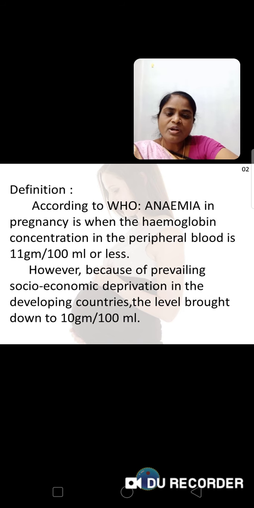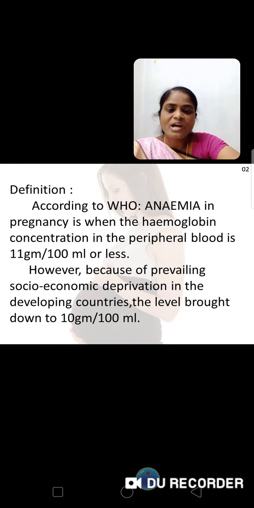Definition. According to WHO, anemia in pregnancy is when the hemoglobin concentration in the peripheral blood is 11 gram per 100 ml or less. However, because of prevailing socio-economic deprivations in developing countries, the level is brought down to 10 gram per 100 ml. WHO considers more than 12 grams per 100 ml of hemoglobin concentration as normal, and less than 11 gram per 100 ml is considered anemia in pregnancy.